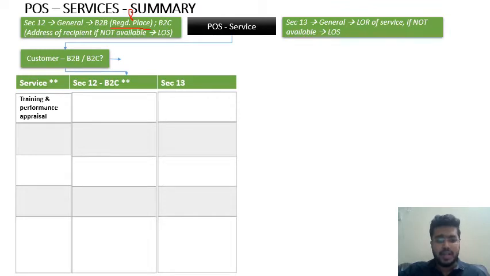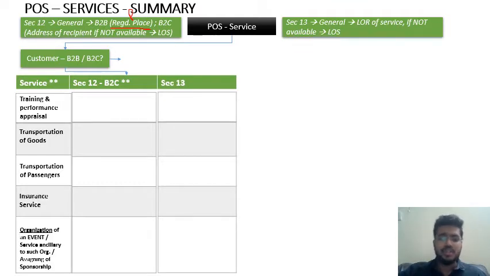Training and performance appraisal services, and then transportation of goods services, and transportation of passenger services, insurance services, organization of an event or services ancillary to such organization, or assigning of sponsorship. So for all these 5 services, we need to see whether the customer is B2B or B2C.